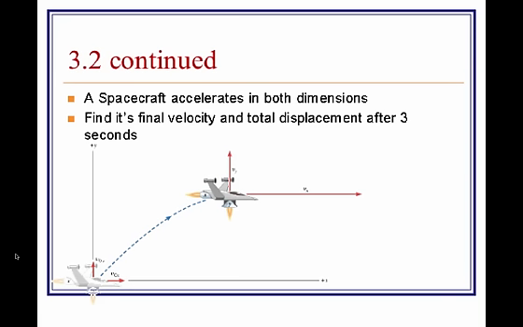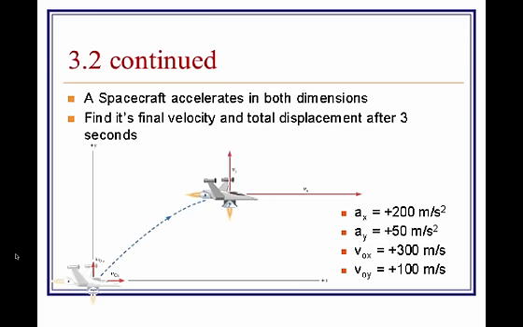Here are the initial conditions. To make this problem a little bit easier, we can assume that the spacecraft started at the origin, so that way its initial x and initial y position can be 0. Make sure to take these values down in your notes and follow along with the kinematics equations that you've already recorded there.